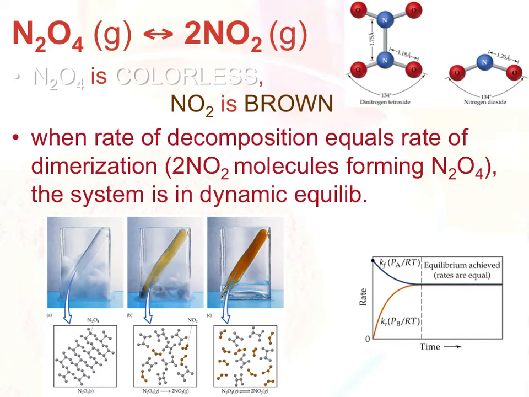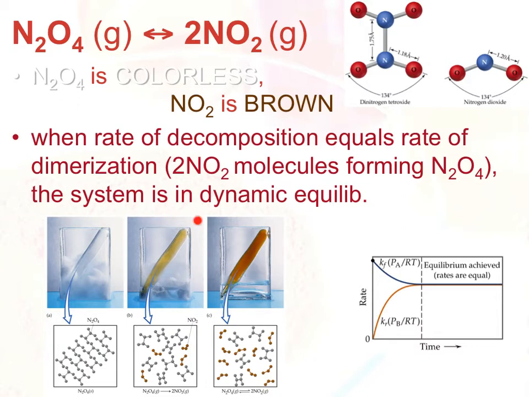That's because the amount of NO2 that's been produced is going to remain constant, and the concentration of N2O4 that remains is also going to remain constant. Now, that's not to say that the reactions have stopped happening. Remember, at equilibrium, you have a dynamic process occurring. You have both the forward and reverse reactions occurring simultaneously in order to maintain that constant concentration value.